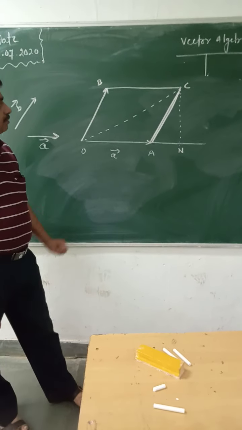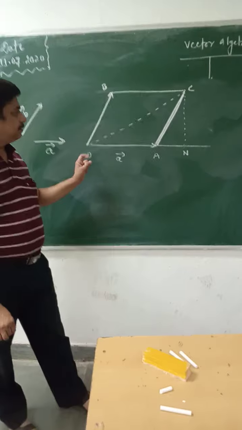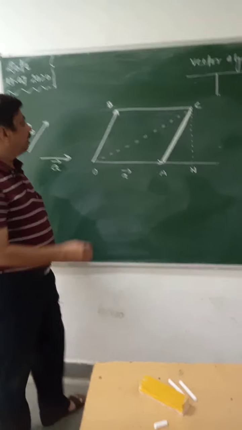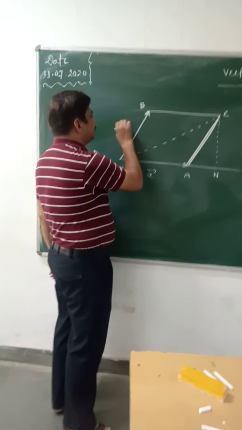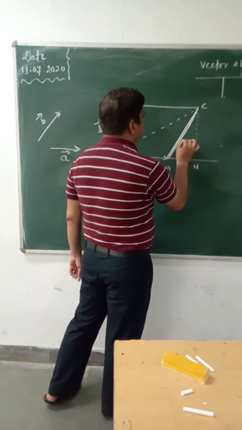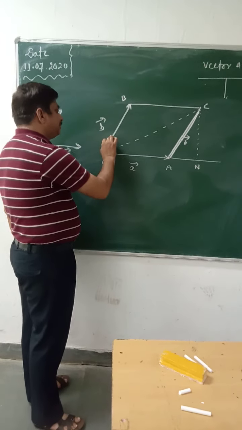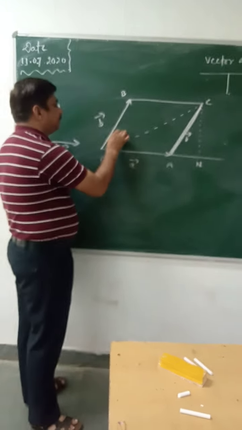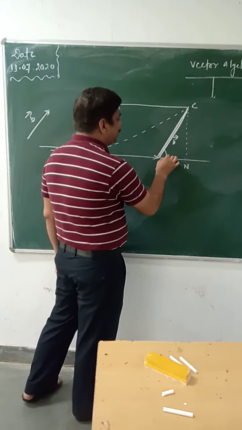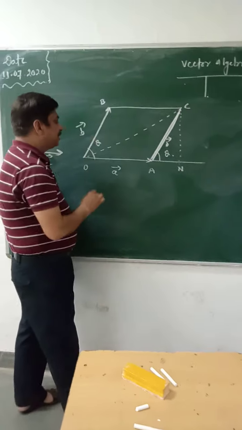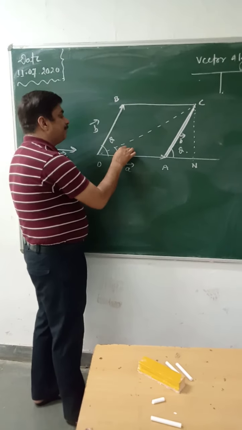So in this case, here this is vector N, now this is vector B, so this is also vector B. This angle is theta, which means this angle is also theta, and let this angle be alpha.